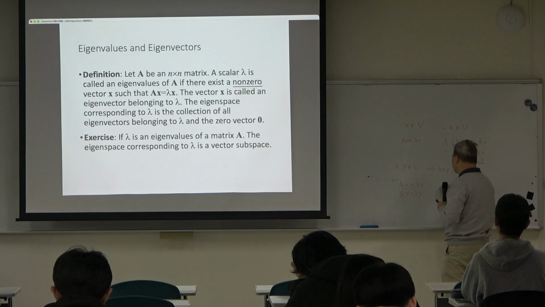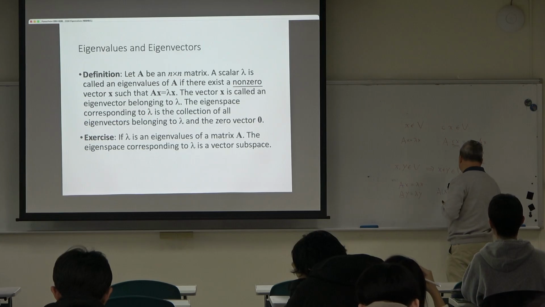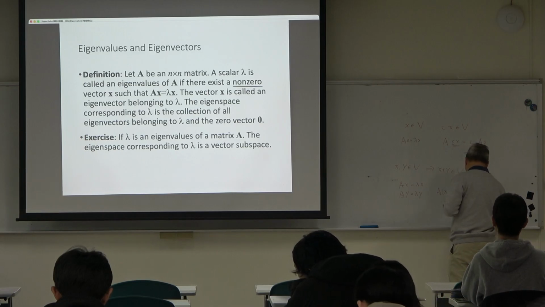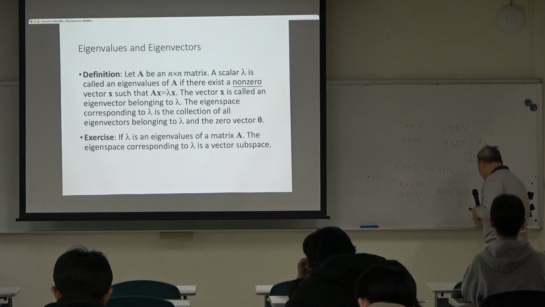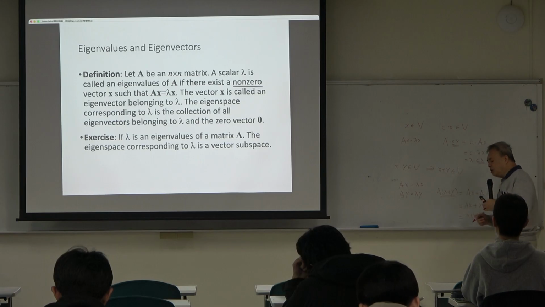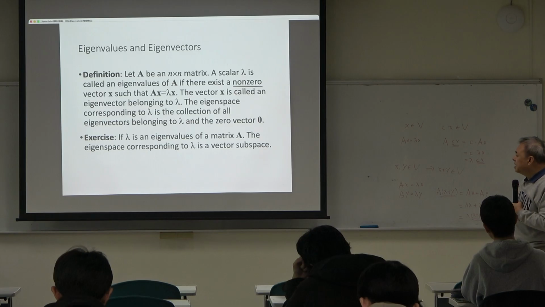So A times (x plus y) can be decomposed into Ax plus Ay, which is lambda x plus lambda y, or put it another way, lambda times (x plus y). So x plus y satisfies the requirement of this eigenspace. Obviously this eigenspace is a vector subspace.